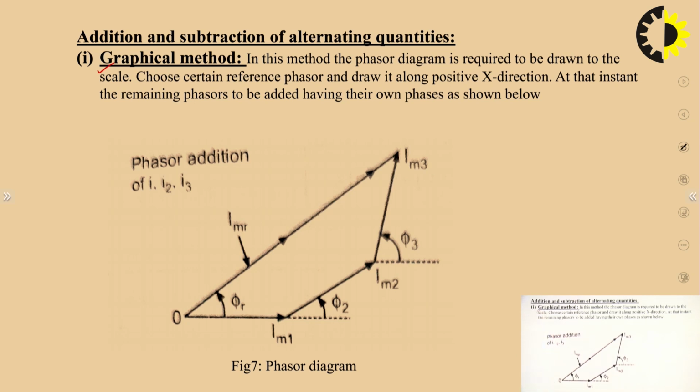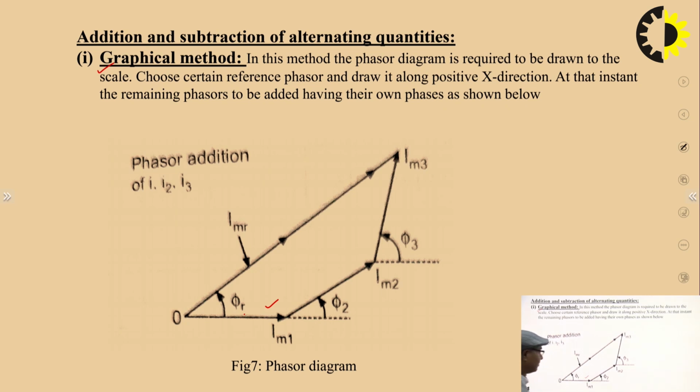In the graphical method, suppose one quantity we take as reference, and with respect to that quantity we will represent the other quantities in phasor or vector form.